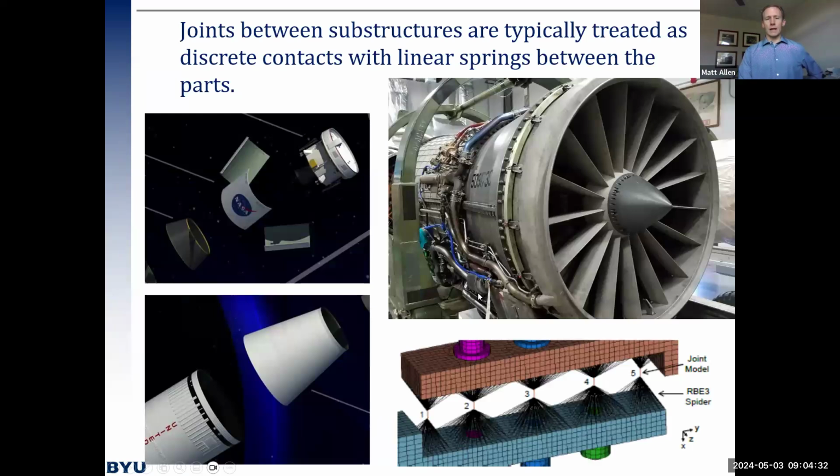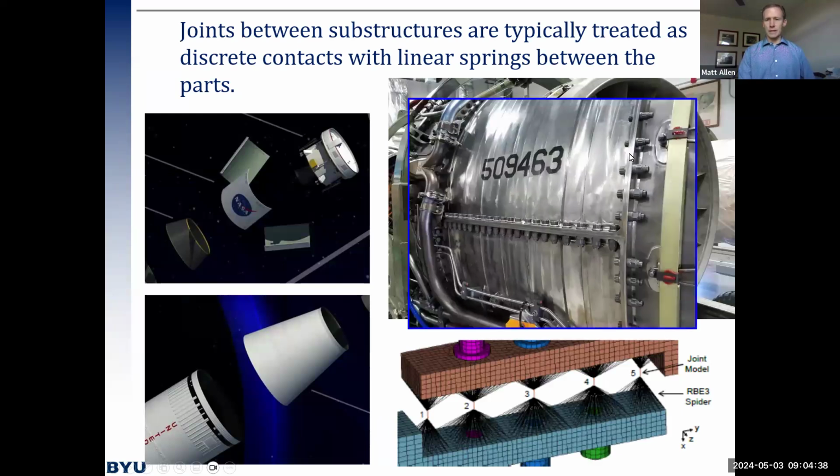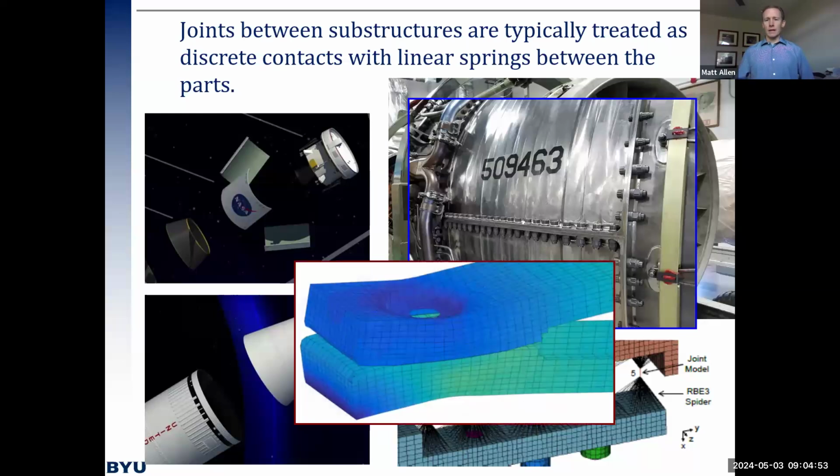And why is that? Well, when you have a bolted joint, such as the joints we see on this engine casing here from an F-16 engine, you imagine that everything just is welded together at those interfaces, and so we can model that as a continuum. In reality, though, when you tighten a bolted joint, you get a behavior kind of like this, and this is exaggerated.